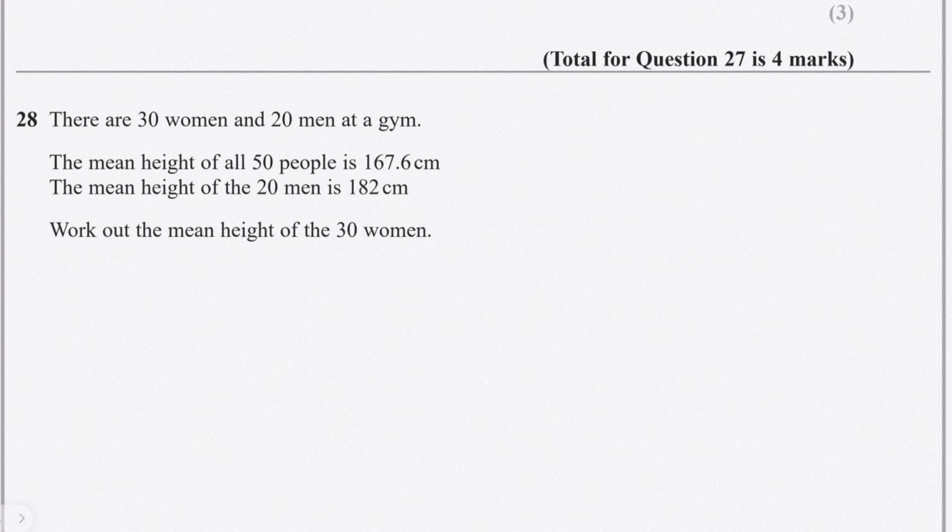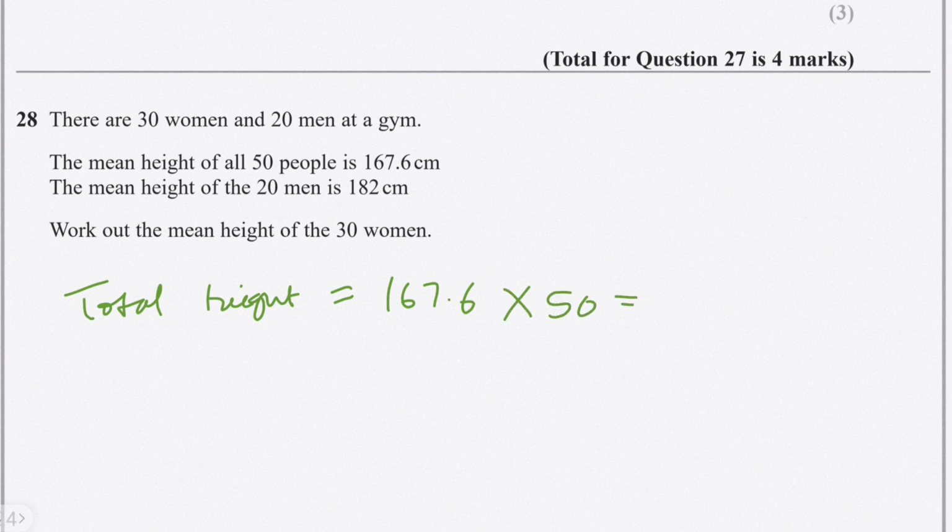If the mean height of all 50 people is 167.6, the total height is 167.6, which is the mean, times the number of people, 50, and that gives us 8,380.